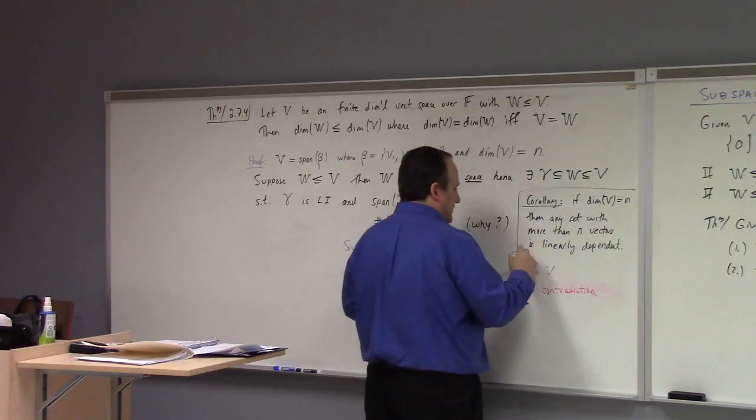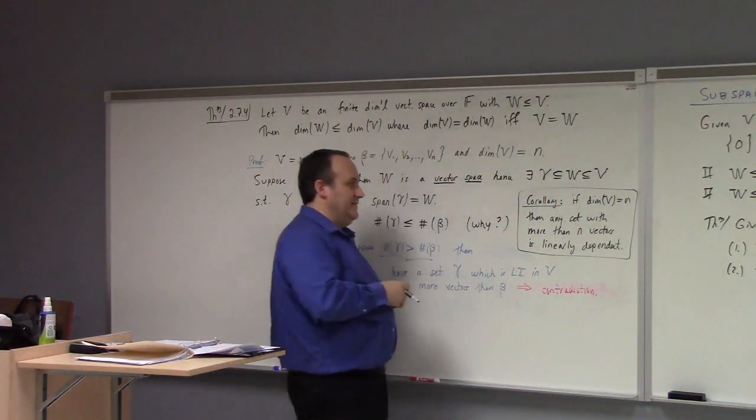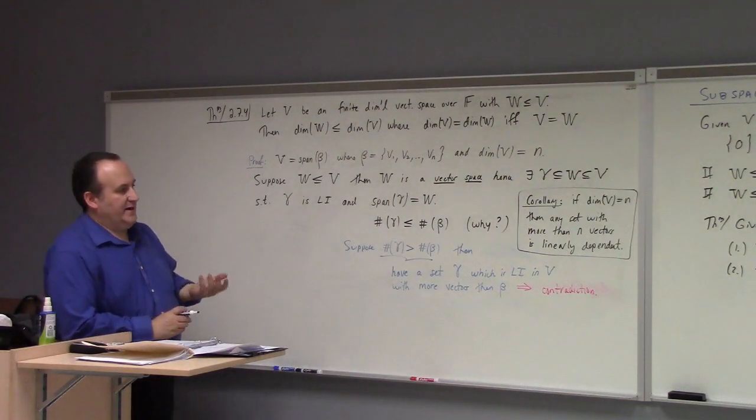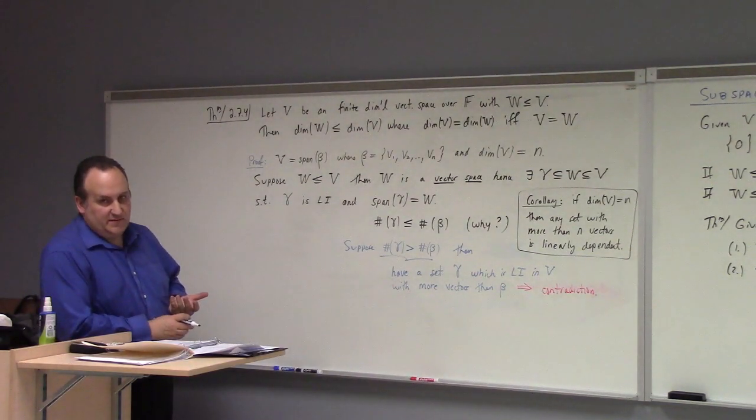That's the heart of what I'm trying to argue. If we have more than n vectors in an n-dimensional space, it must be a linearly dependent set.